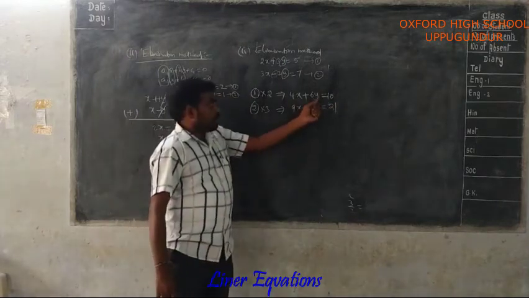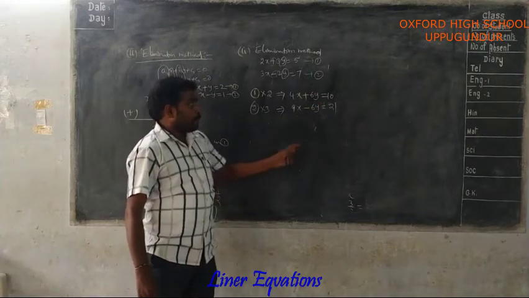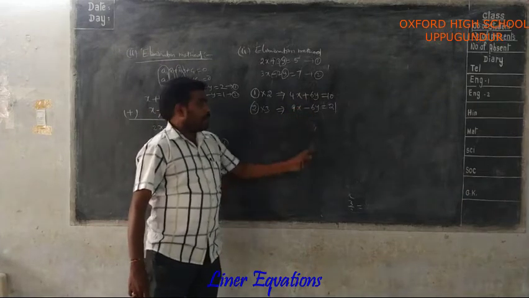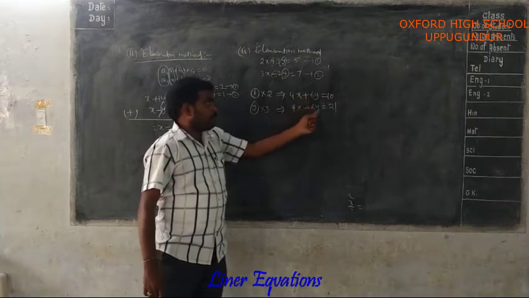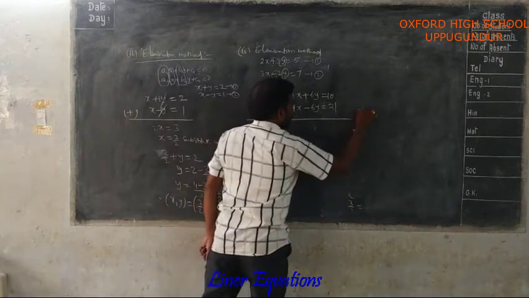Then you observe these y coefficients. Now y coefficient is 6 here, y coefficient is 6 here. But when you observe these signs, this is plus 6, this is minus 6. When we are adding these, you will get plus 6y minus 6y becomes 0. That's why adding these two equations.